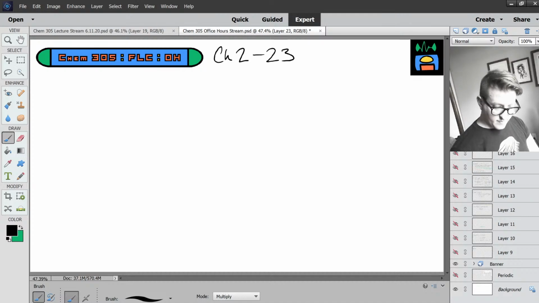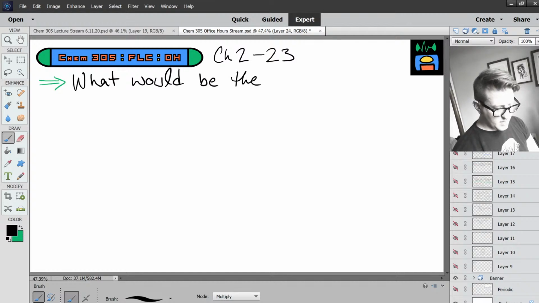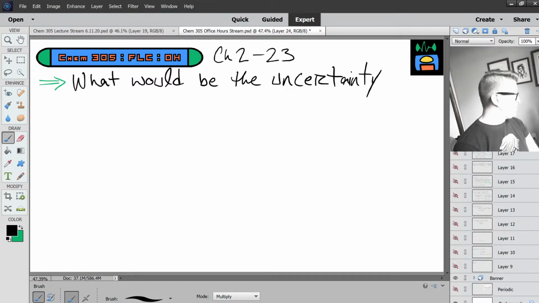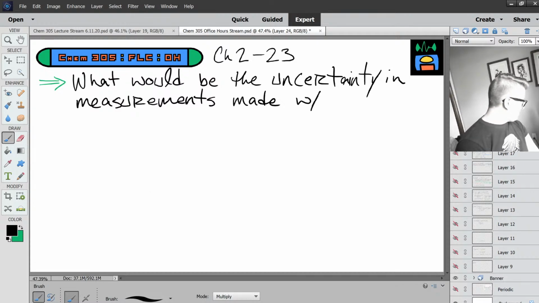the first one, they ask what would be the uncertainty in measurements made with, and then they say, for example, A would be, oh, here, let's color code it.